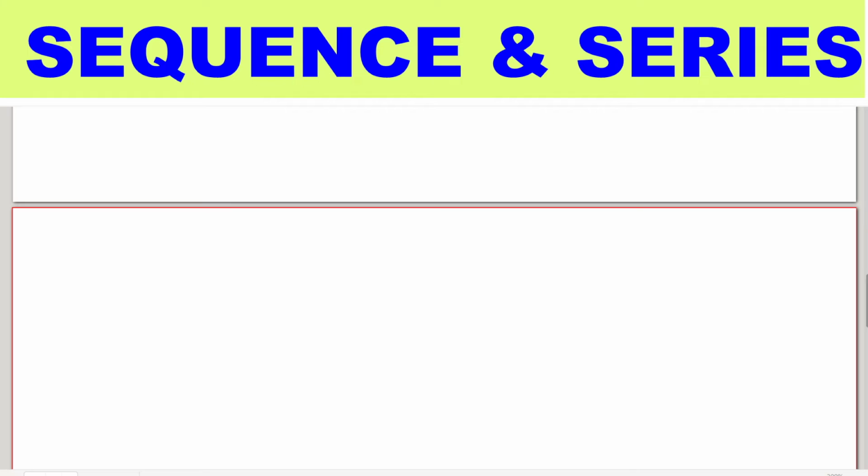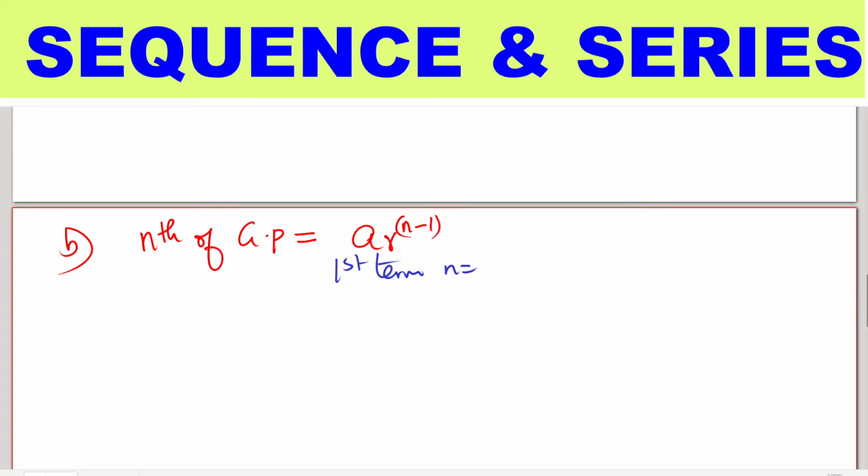So this is how you do it. The nth term of a geometric progression is given by a r raised to n minus 1. So if you want to get the first three terms, if it is the first term, n will be 1.